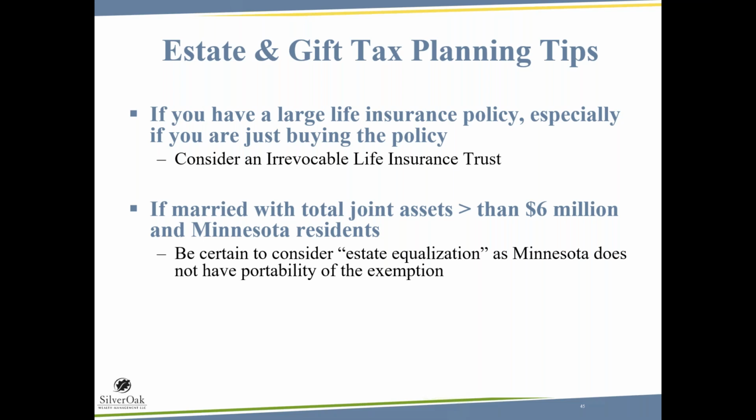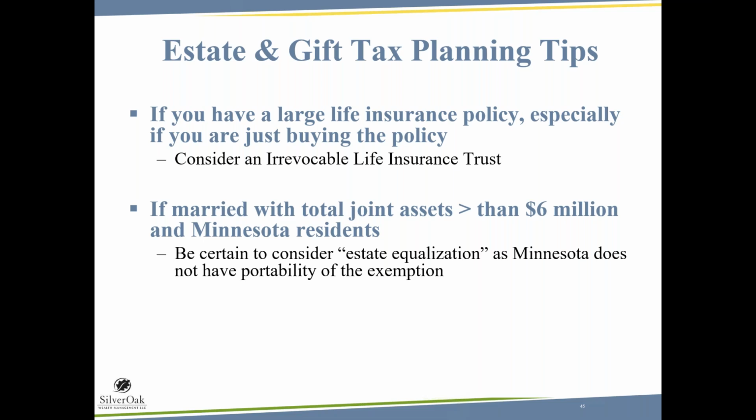If you're married with joint assets over $6 million and you're a Minnesota resident, think about estate equalization. What does that mean? Well, instead of, let's say, the wife owning 5 million of the assets and the husband owning 1 million, if he passes away first, he's going to have 2 million of his exemption completely unused and lost.